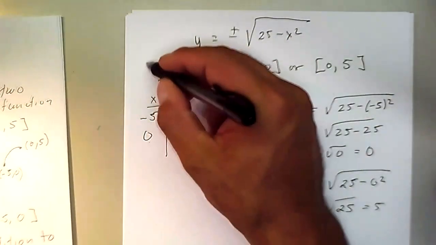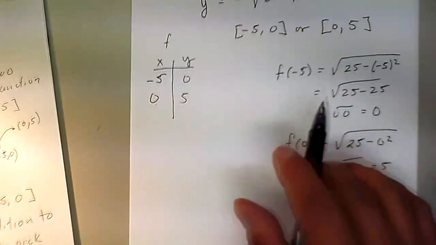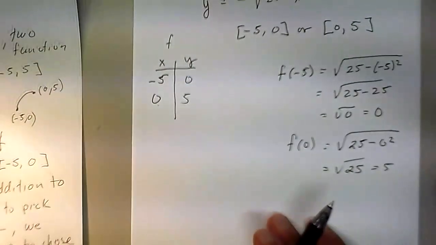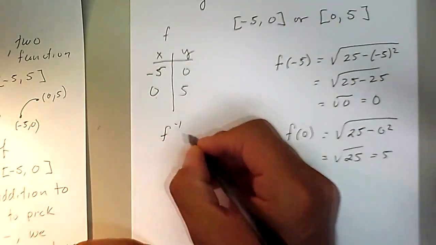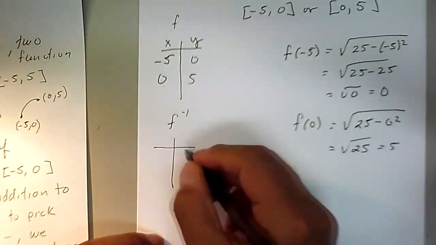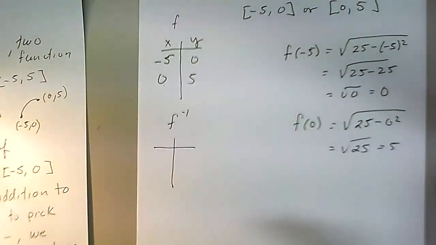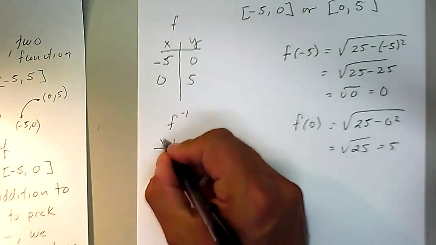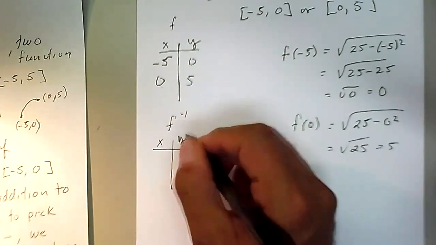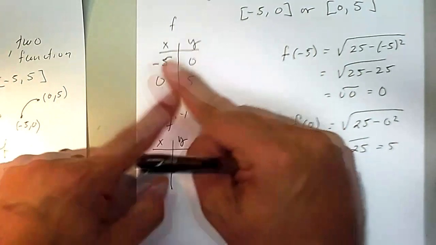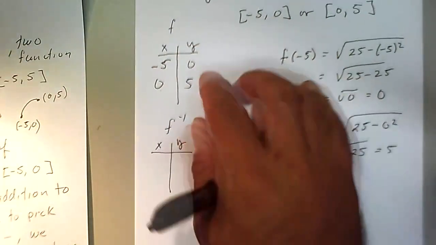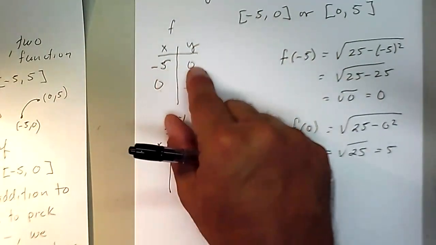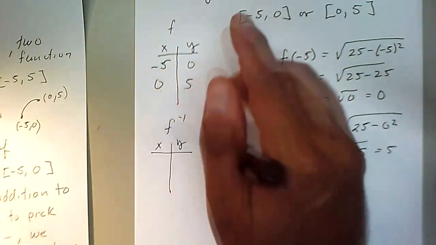Okay, so this is the original function. In the inverse function, the tables have to be reversed. Keep x and y, but the numbers have to be exchanged. So instead of putting down -5, 0, now we're going to put 0, -5.